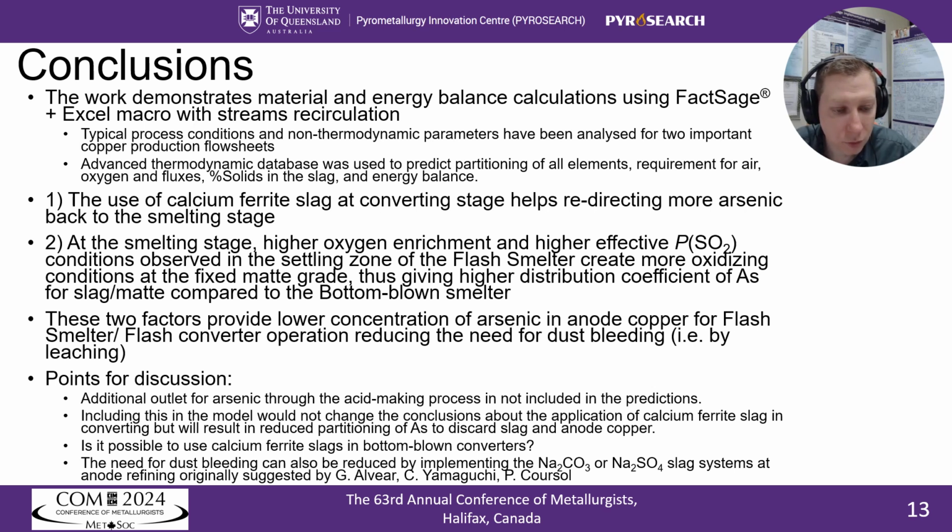Also, it is interesting to discuss if it is possible to use calcium ferrite slags in bottom-blown converters. The need for dust bleeding can also be reduced by implementing sodium-based slag systems at anode refining, which was originally proposed by Gerardo Alvear, Yamaguchi, and Pascal Coursol.